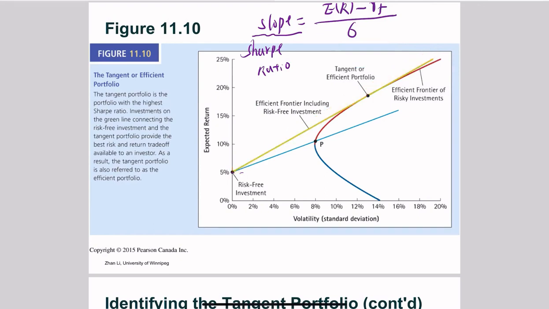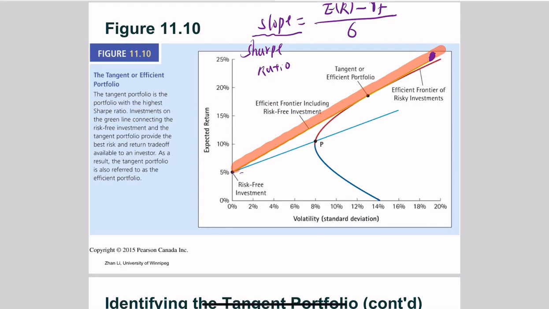Now, what's the second result? The second result is investors will always stay on this line, because this is the efficient frontier. However, we cannot pin down the exact portfolio or the exact position on this line. That is, if this investor is very aggressive in taking risk, maybe this investor will pick a portfolio on this right hand side, right? Very high volatility and very high return.